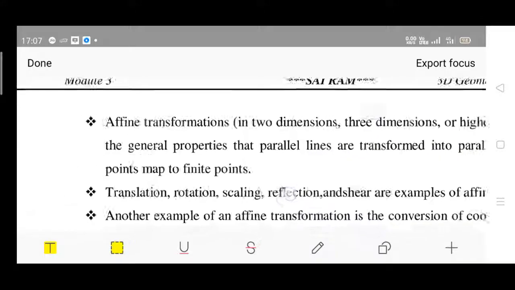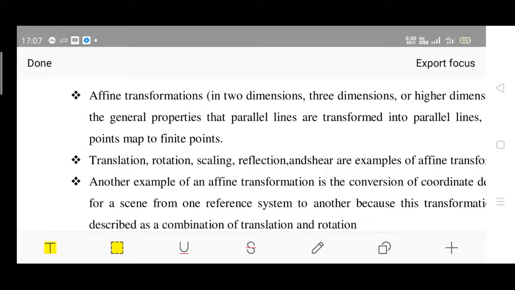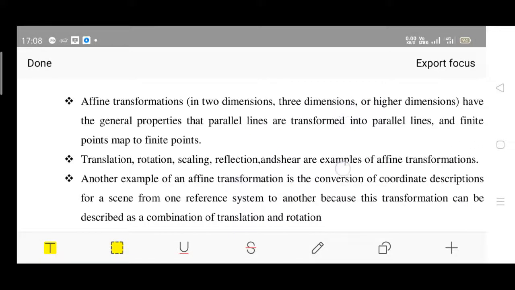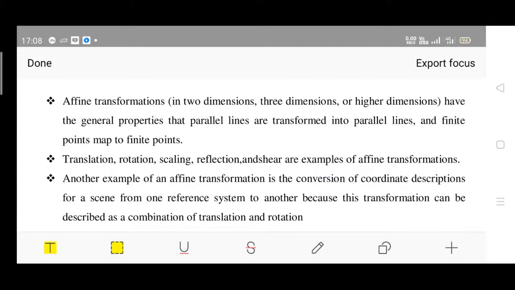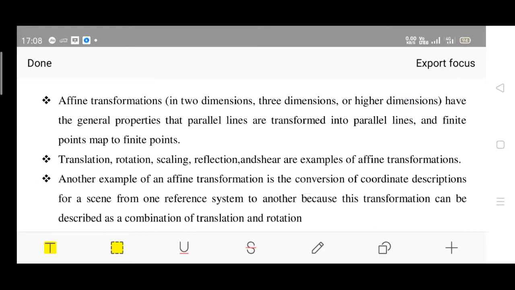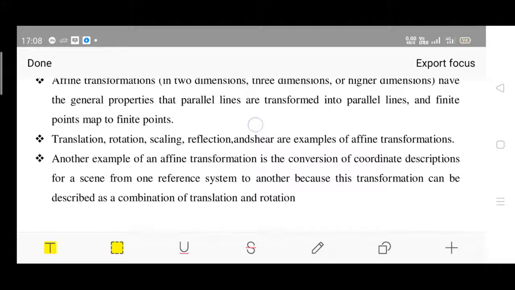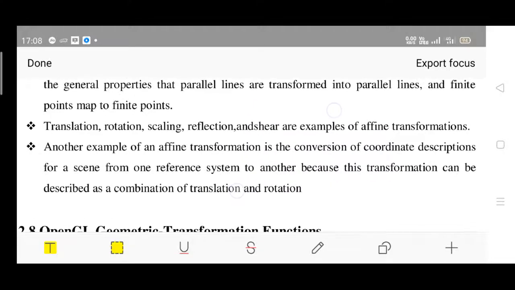So affine transformation, just go through the description. Affine transformation in 2 dimensions or 3 dimensions or even higher dimensions has the general properties that parallel lines are transformed into parallel lines, and finite points are mapped onto finite points only. Translation, rotation, scaling, reflection and shear are the examples.